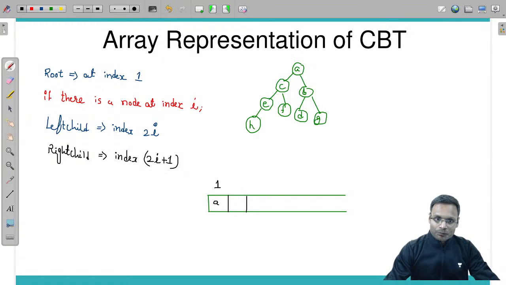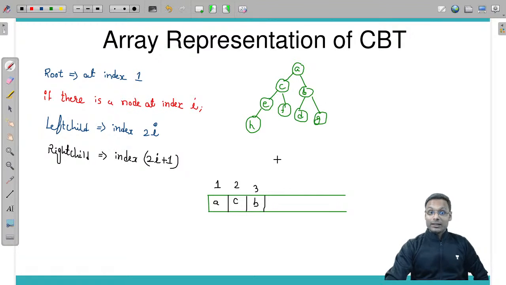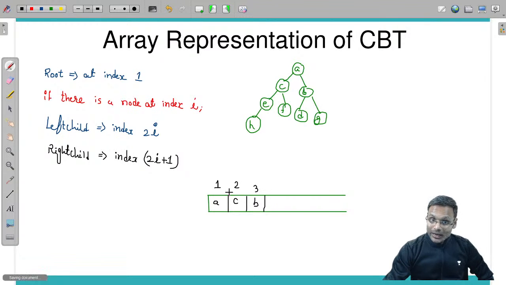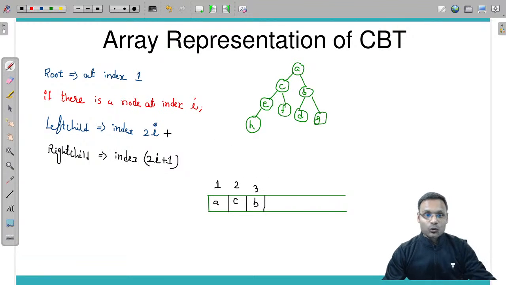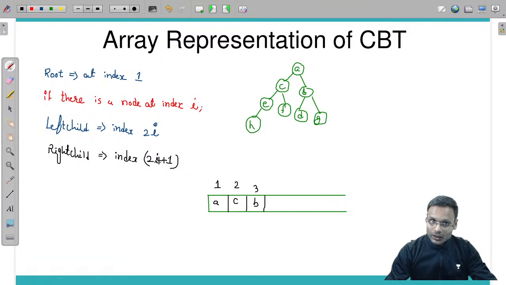On index 2, you will store the left child of A, which is C, and the right child will be 2i plus 1, meaning at index 3 you will store the right child of A, which is B. Now for the node at index 2, its left child is on 2 into 2 and the right child is on 2 into 2 plus 1. On index numbers 4 and 5, you will have its left and right children. C's children are E and F, stored on index numbers 4 and 5.